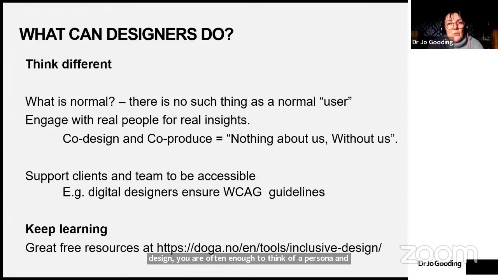There's no such thing as a normal user. The best thing to do is use a co-design process of engaging with real people for real insights. That is what Hands of X did in that project, and it speaks to a philosophy in disability studies called Nothing About Us Without Us.